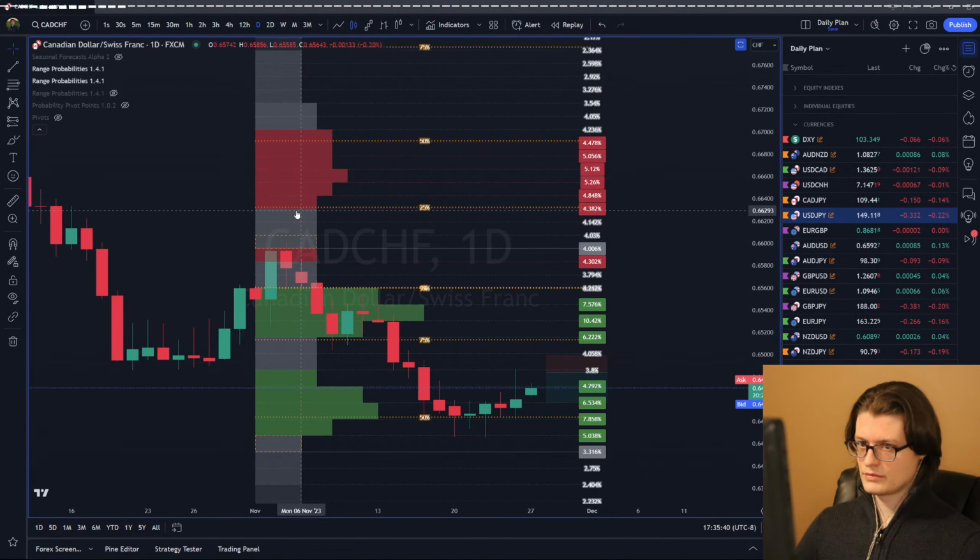And then if we were to cross this R2 pivot, I would not be surprised to see the 67 price hit. But that is a particularly strong directional move.